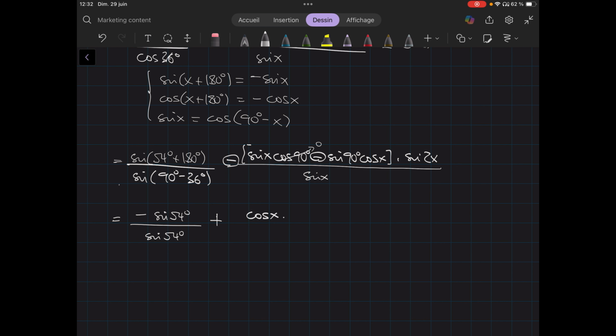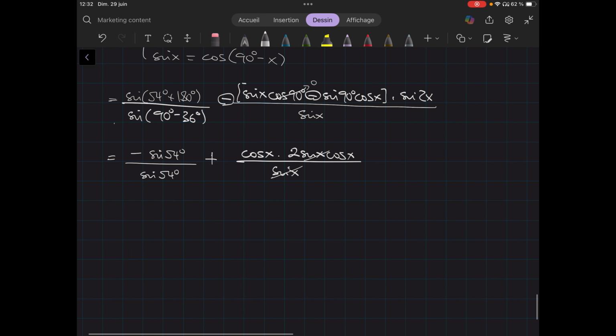Sine of 2x, that is 2 sine x cos x, divided by sine of x. So now we have 2 cos squared of x minus 1, famously known as cos of 2x. End of proof.